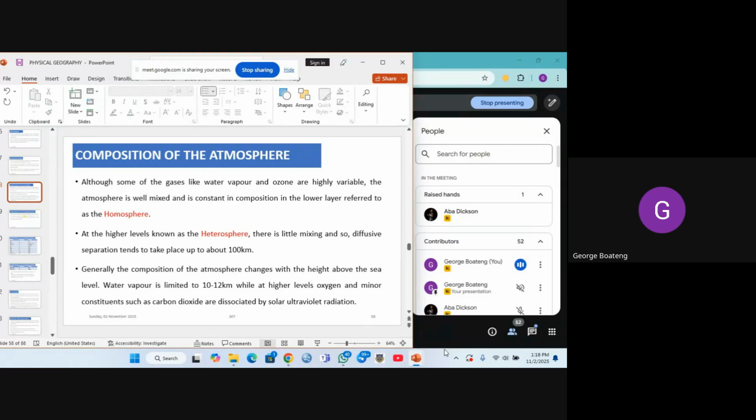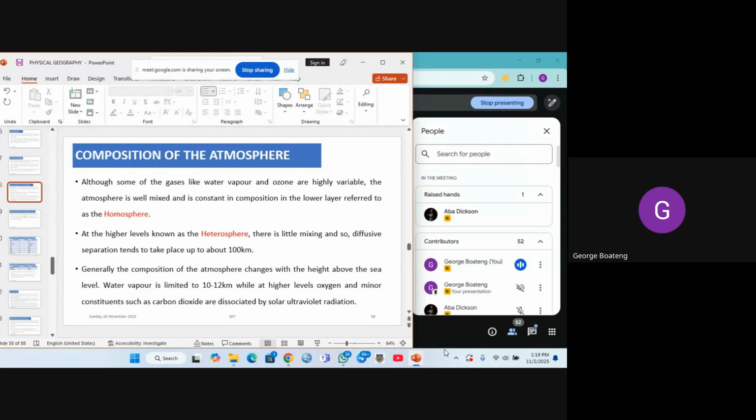The homosphere is the lower portion of the atmosphere where the gases tend to be constant.